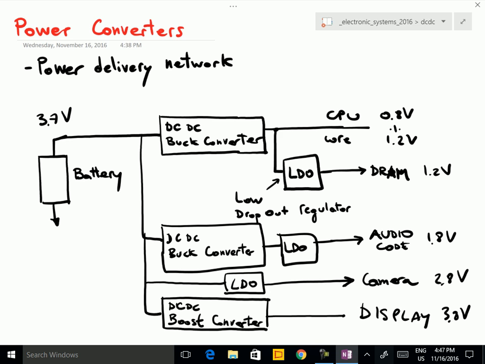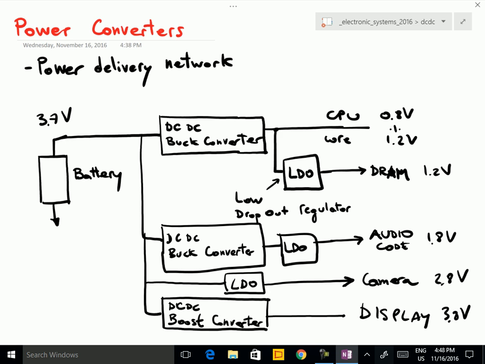On the one hand, you have very different voltages required, and in order to optimize the power efficiency of the conversion, you want to optimize each buck converter to the output voltage that you need to provide. And there is also another reason: you want to manage in a smart way the energy that you have in the battery, and if a block is not needed, you switch off the buck converter, so you are sure that no power is dissipated in the block.